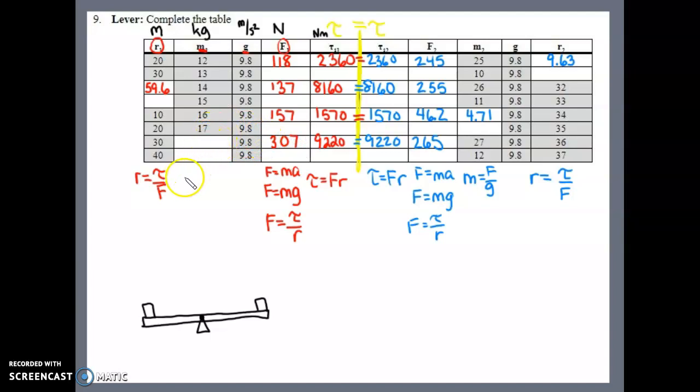Then I want to find mass. Mass is force divided by gravity. So I take my 307 and divide it by my 9.8, and I get 31.3. And then the last one is exactly the same, just with different numbers.